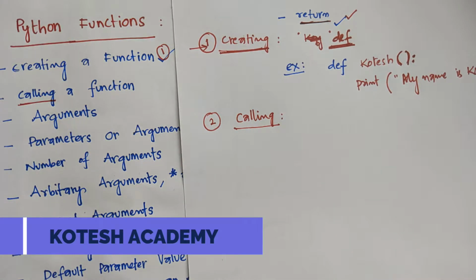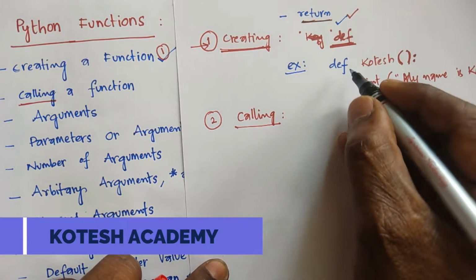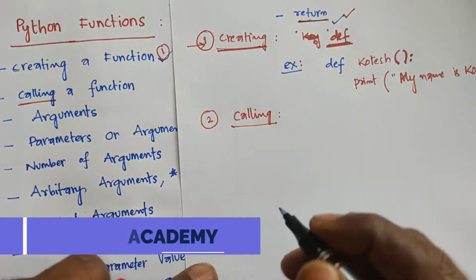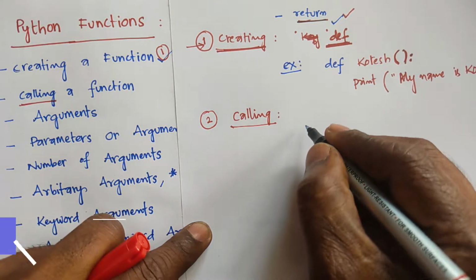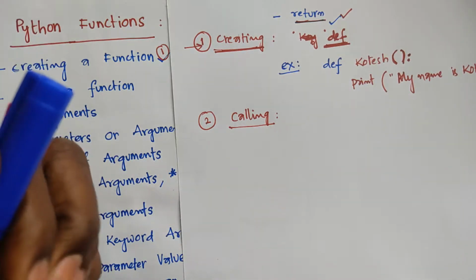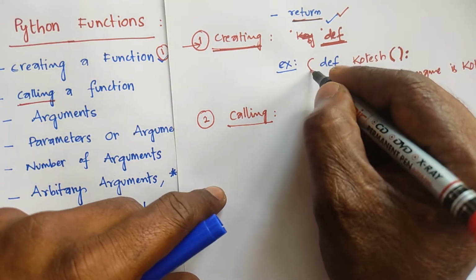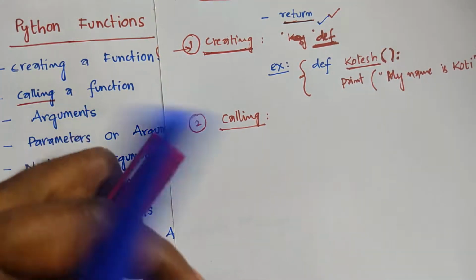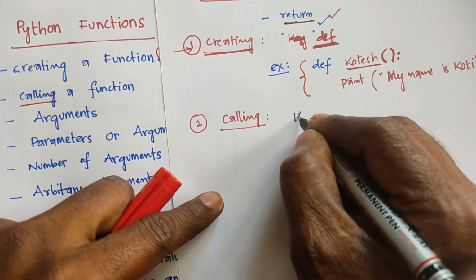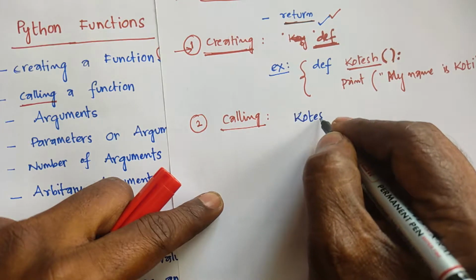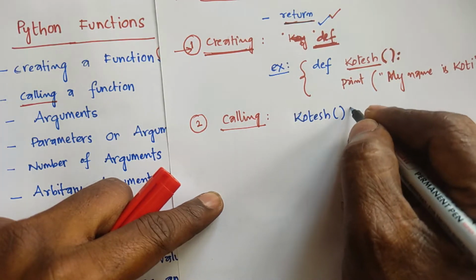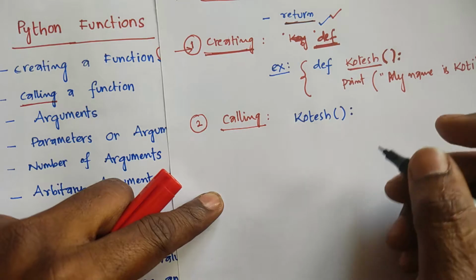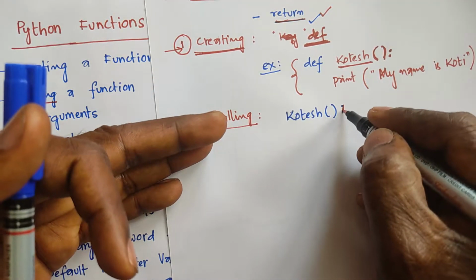Followed by parentheses means I am calling the entire function. The function name is quotation, and I am calling it by quotation with parentheses. No need to use a semicolon.